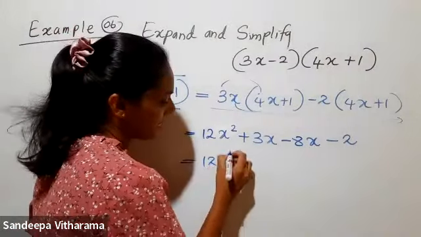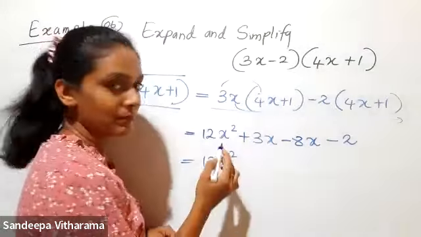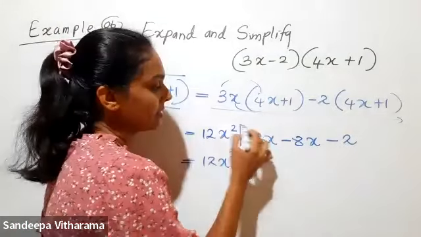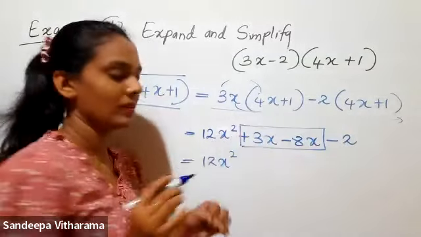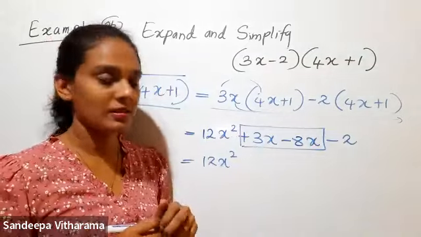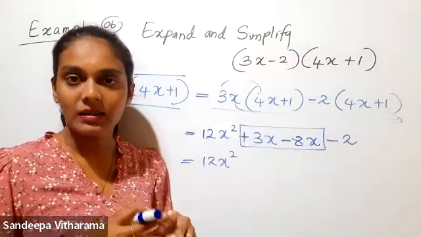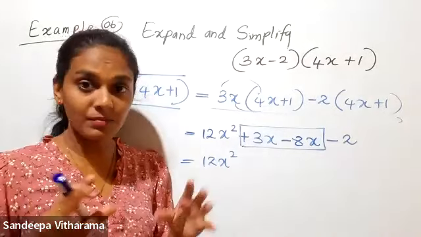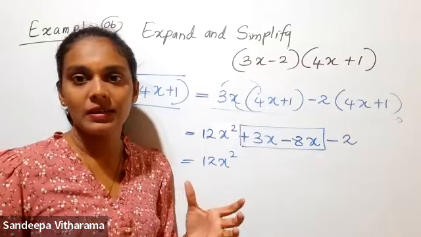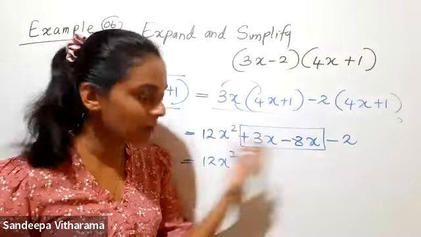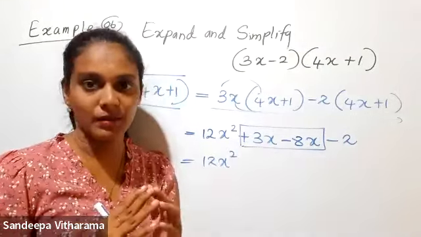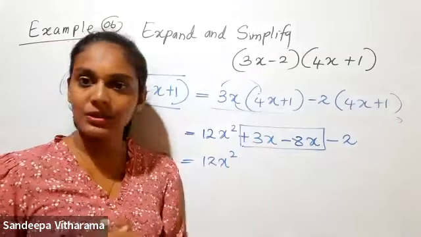12x squared. Look here. Different sign numbers are near to each other. It is not a multiplication or a division, you can just think it is subtraction. You may just think about them being near to each other.